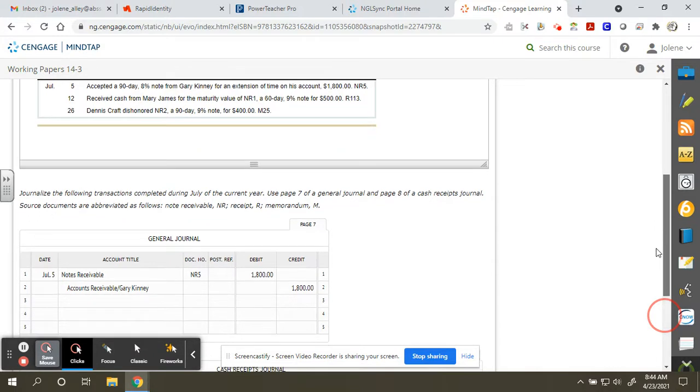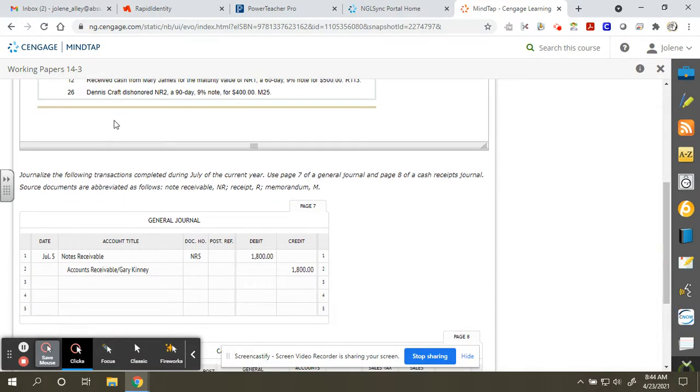Now we come back up here and we see that Dennis Kraft dishonored his note, which means he didn't pay it. Straight up, that's what it means. So we have to go to our general journal, and this is on the top of page 429. This is the 26th, and he stiffed us for this money.